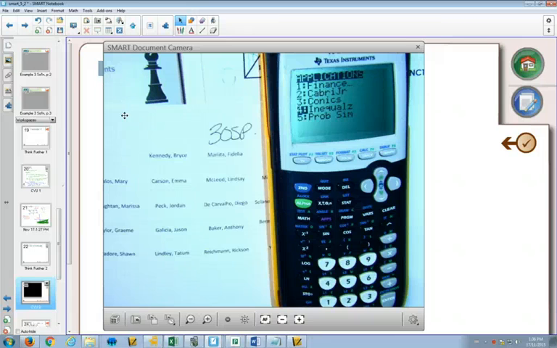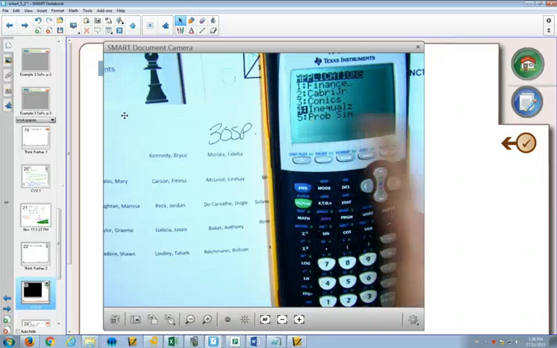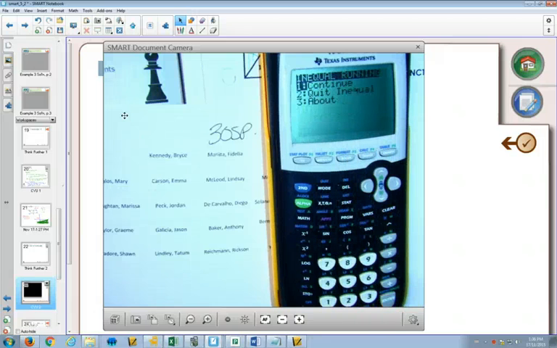Okay. So hit the apps button. I want to see how many people have this program called Inequals on theirs. If you have that one, it actually allows you to change the sign. Okay?